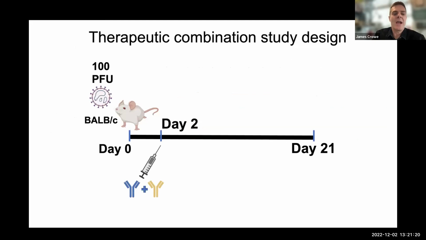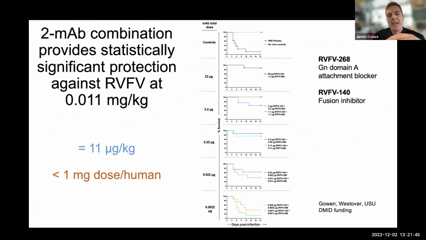And so what does that translate into in vivo? We've been doing studies in mouse models with Rift, and rat models with Amy Hartman at Pitt. This is work that was done at Utah State with Brian Gowen and John Westover. So if you give a fatal inoculum to a BALB/c mouse, and we've done prevention or post-exposure, but this is actually a treatment when the mice are already symptomatic.